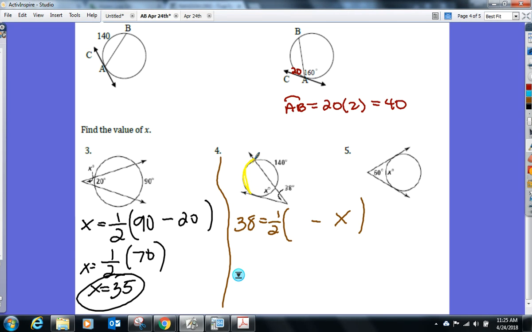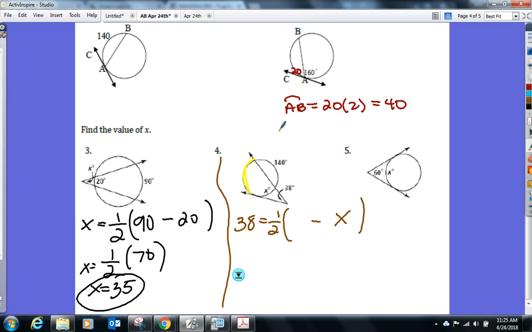Go ahead, Maggie. What do you got for me? I think we're on the same page. How many degrees in the circle? You already know this is 140, right? So how much is left for the rest of the circle right now? 220 degrees is left for right here and right here, right, everyone?